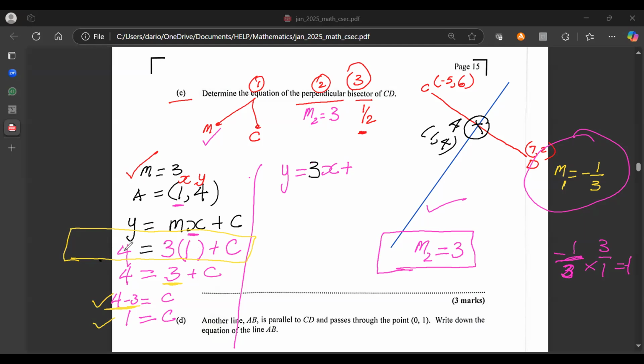Right. So if C is 1, what is the equation of the line? Because remember, earlier on I said the equation of a line, you must know M and you must know C. We already know what M is. So C is 1. So the equation of our line, people, is y equals 3x plus 1.